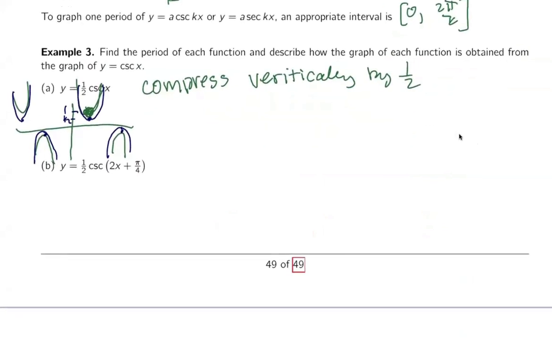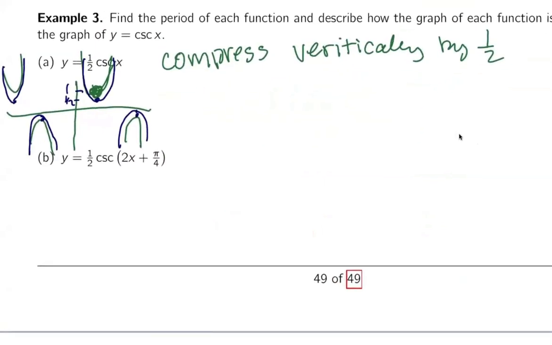All right, in this last example, we actually have a lot going on here. And before we dive into it, I need to think about how I have this 2x plus pi over 4 there. And we saw this in our sines and cosines, that to really see what's going on, I need to factor my 2 out to be able to see what kind of left or right shift I have going on.